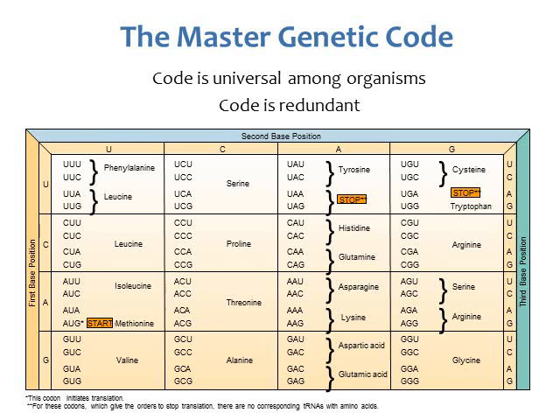So over on the left hand side you see it says first base position. So let's say we have the codon AUG. So in the first base position we have an A, so you go in the third box down from the top. And then across the top of this chart it says second base position. So we have A, the second letter in our codon is U. So we go from the left into the A box, and then from the top we're in the U box, so the first box.